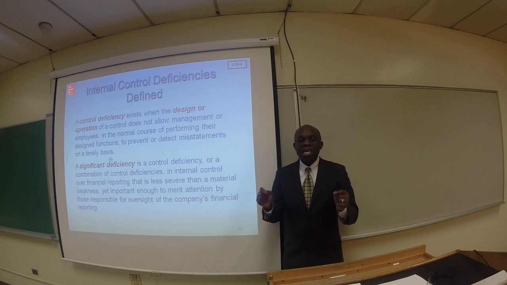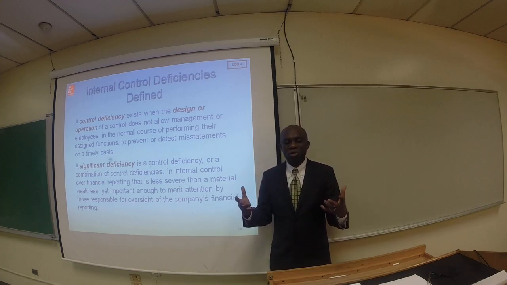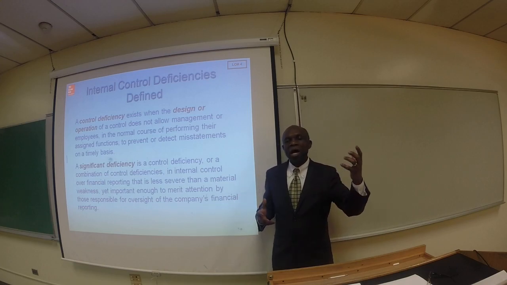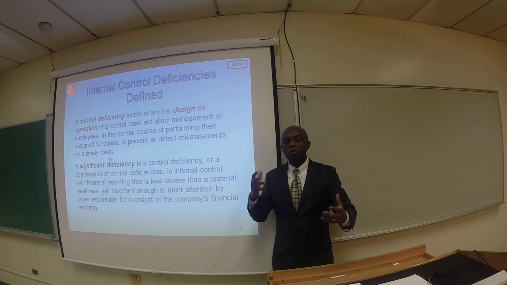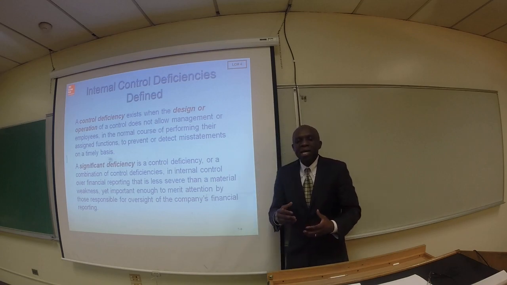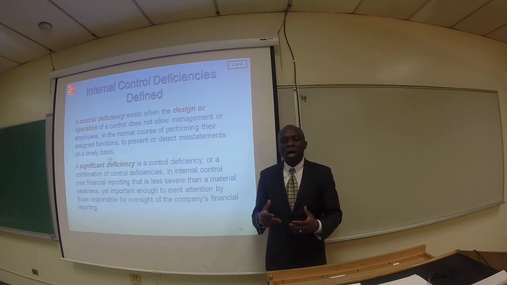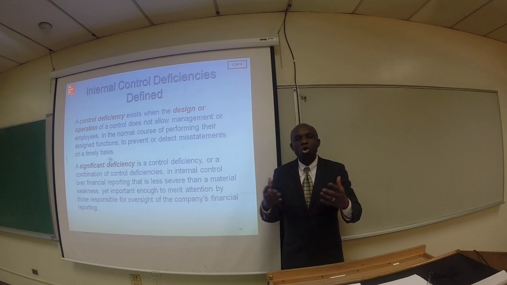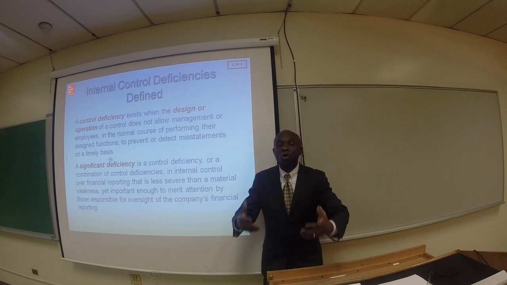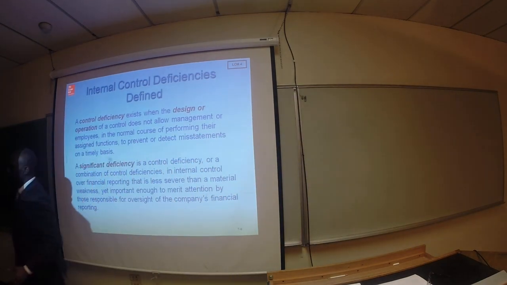That means we are talking about a combination of control deficiencies, either from the design or from the operation or a combination thereof, that is severe enough that it deserves the attention of those individuals or groups that have the oversight responsibility.